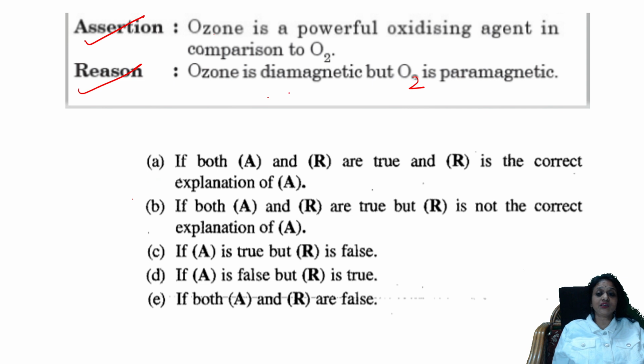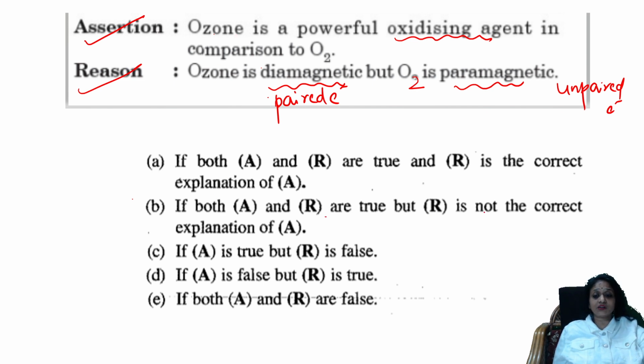But you only tell me: this is talking about the oxidizing property, this is talking about diamagnetic and paramagnetic nature, unpaired electrons and paired electrons. Both are not related, isn't it? The assertion is right, the reason is right, but the reason is not the correct explanation. Option 2. Let's see the explanation.